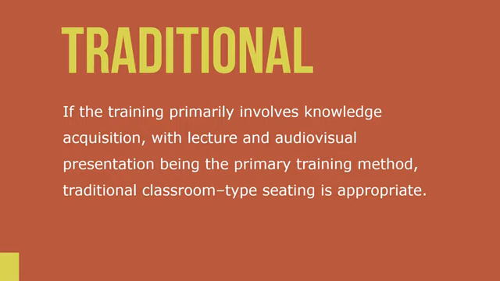If the training primarily involves knowledge acquisition, with lecture and audiovisual presentation being the primary training method, traditional classroom-type seating is appropriate. Traditional classroom seating allows the trainee interaction with the trainer, but it also makes it difficult for the trainees to work in teams, particularly if the seats are not movable to other locations in the room.